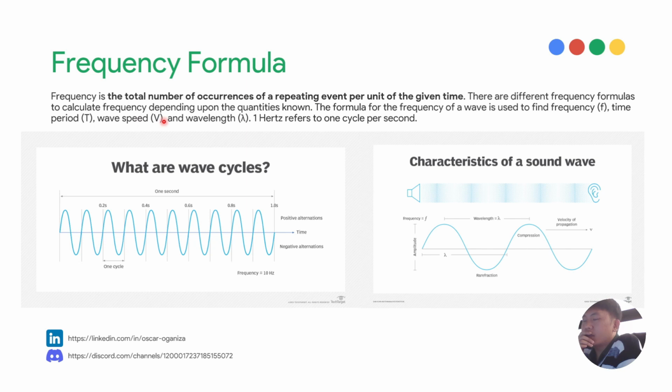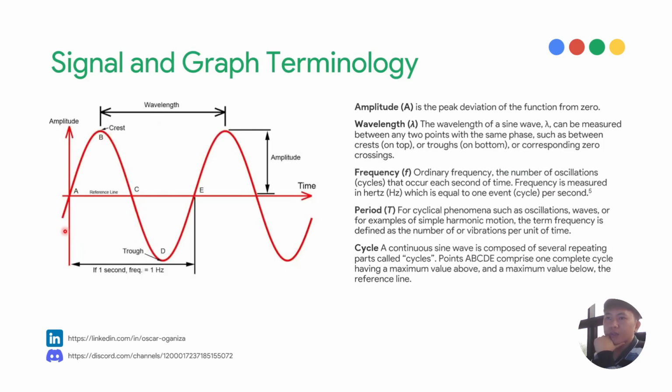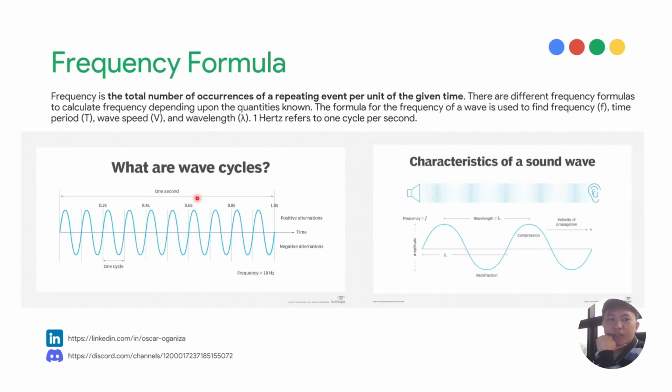1 hertz refers to 1 cycle per second. So yeah, as you can see here in this image, we have the wave cycles. In this image, we have 1 cycle. If you look at our example earlier, 1 cycle from A, B, C, D, E. In our example here, it is 1 cycle, 2 cycles, 3, 4, 5, 6, 7, and so forth and so on.